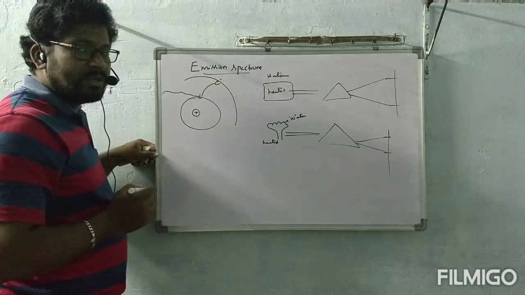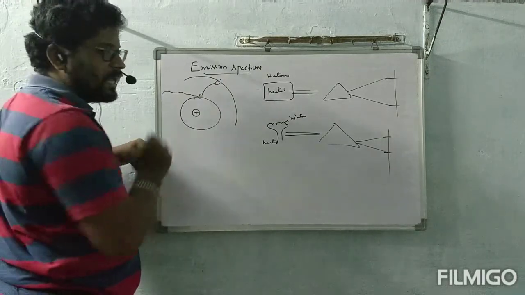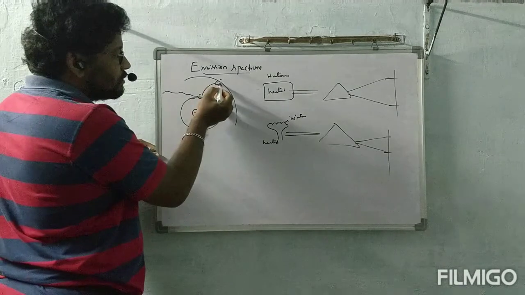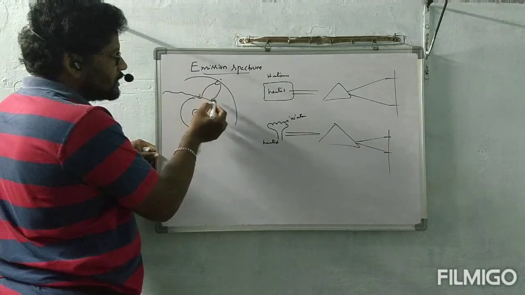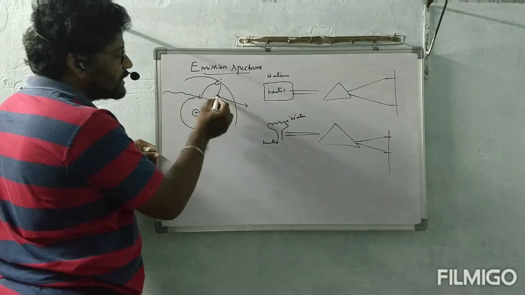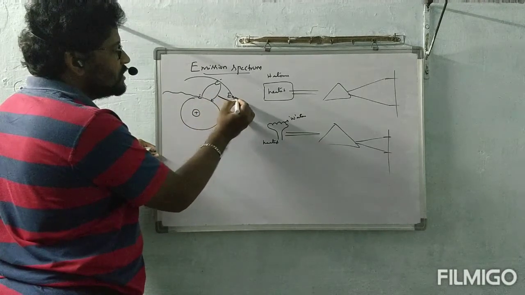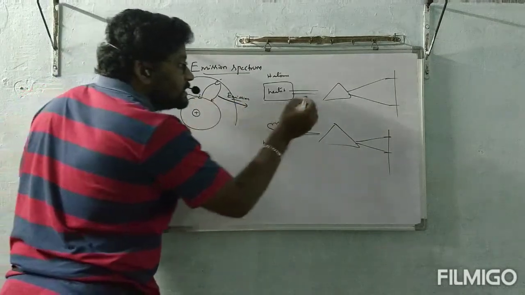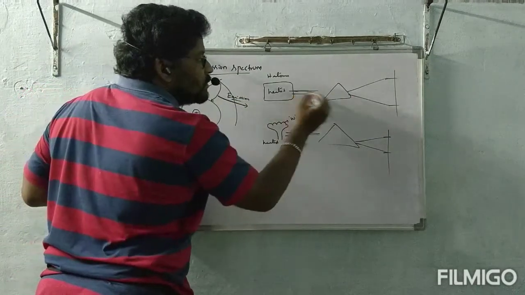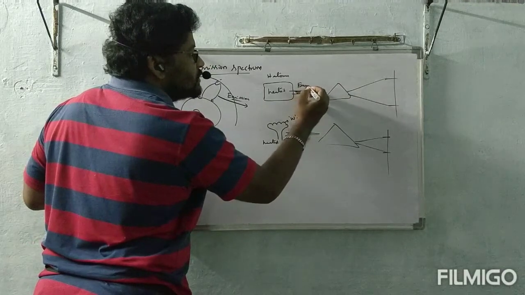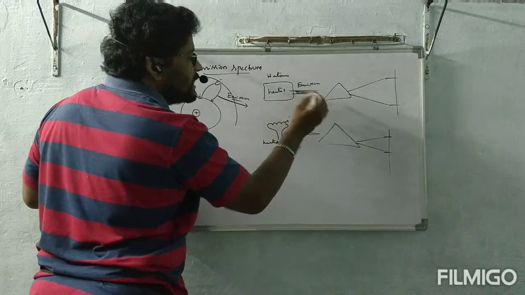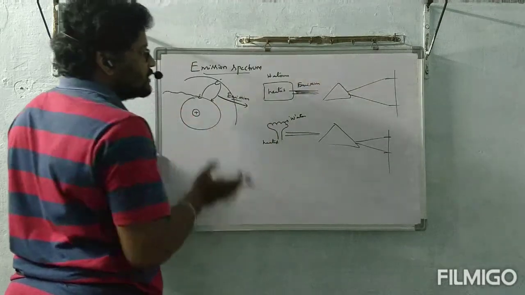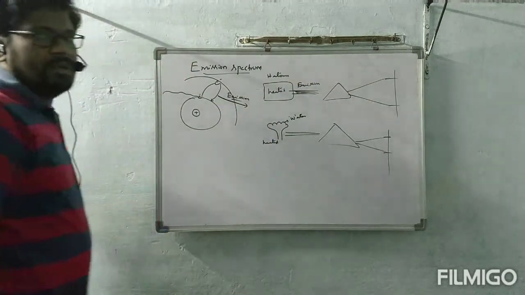In that high energy state, it will not be stable. Then that electron will come back to the ground energy state by the emission of energy. Emission means releasing. The energy which is emitted, when passed through a prism, gives a spectrum. That's why this is called emission spectrum.